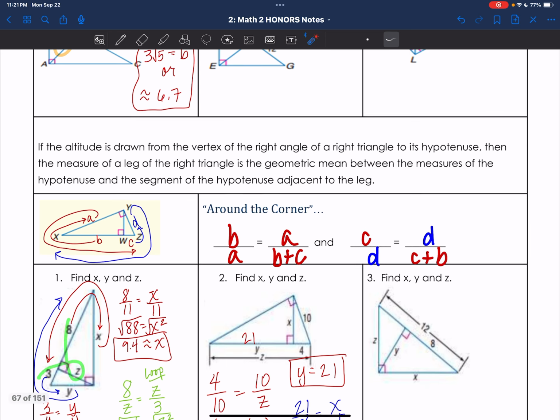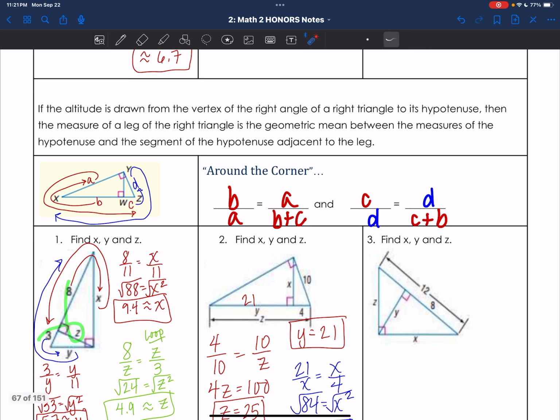Now this one is a little crazy. It looks pretty crazy here with all the lines, but if the altitude is drawn from the vertex of the right triangle to its hypotenuse, then the measure of the leg of the right triangle is the geometric mean between the measures of the hypotenuse and the segment of the hypotenuse adjacent to the leg.